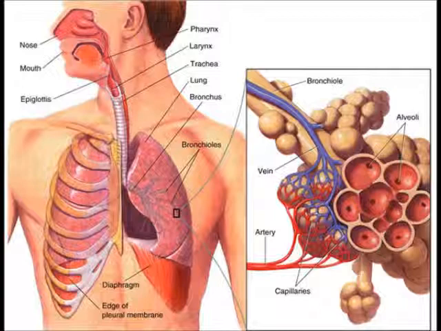It's called your fight, flight, fright system. Have you all heard of that in A and P? Okay, that's your sympathetic nervous system.